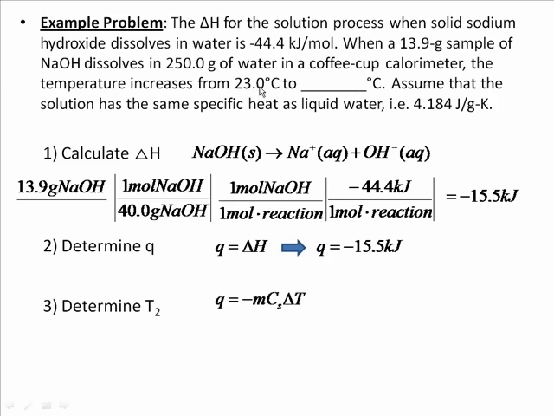Well, we're told what the initial temperature of the calorimeter is. So we'll use this equation, and we'll write this out explicitly that delta T is T2 minus T1.